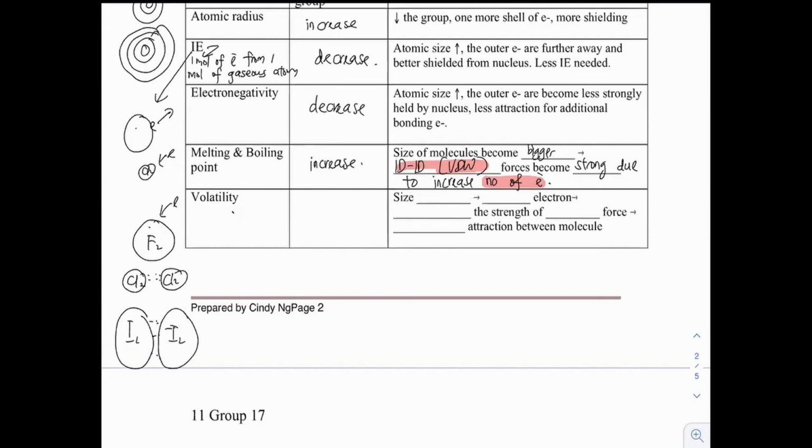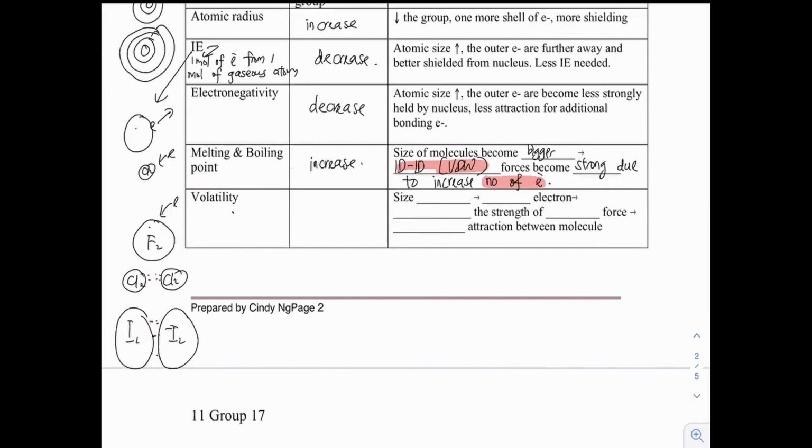Okay, now we are moving to volatility. The definition of volatility will be tested. So I want you to write down: it means the ability to evaporate. When we want to discuss evaporation, volatility, melting point or boiling point, we always focus on these types of forces, which are the induced dipole or intermolecular forces.